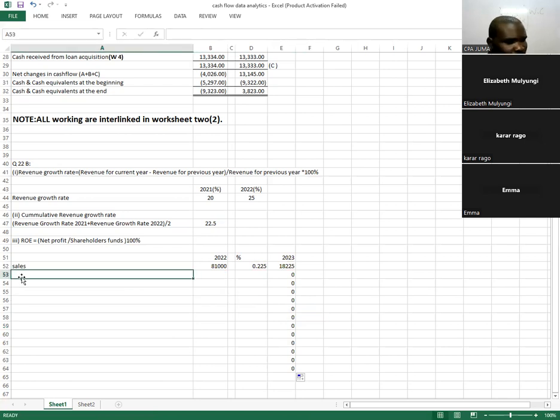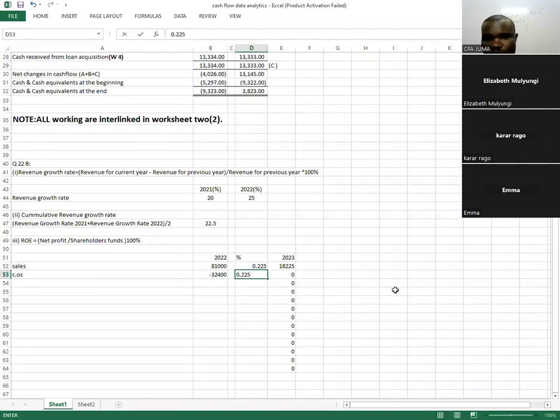So when you bring COS, that is cost of sales, when you capture this, you will be getting those. But now this is negative, remember, 32,400, like that. So here, 0.225, we can even drag it down. Then when you get to the restricted areas, it is depreciation and finance cost.